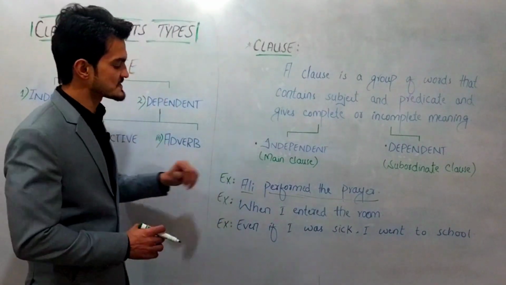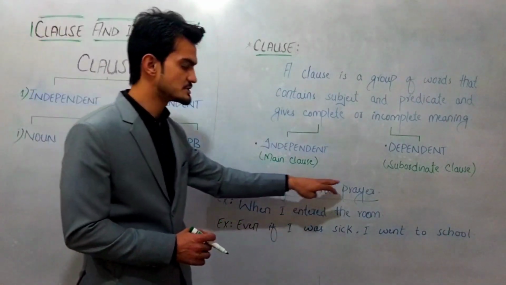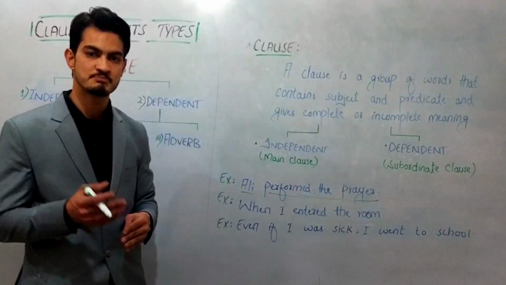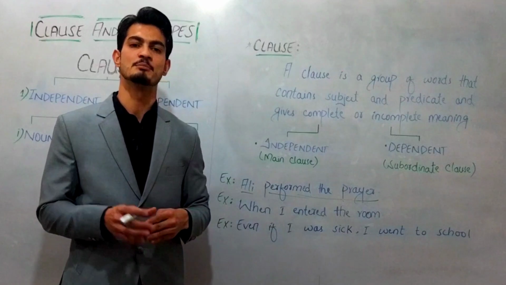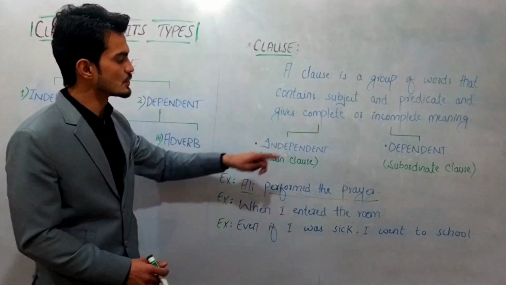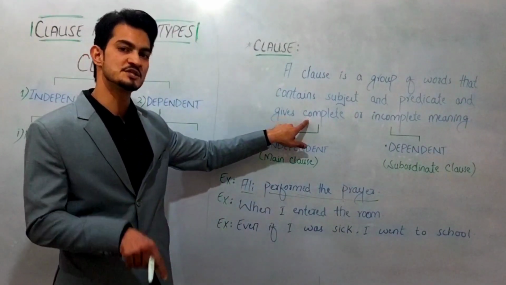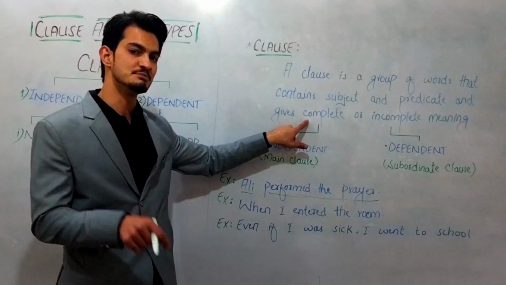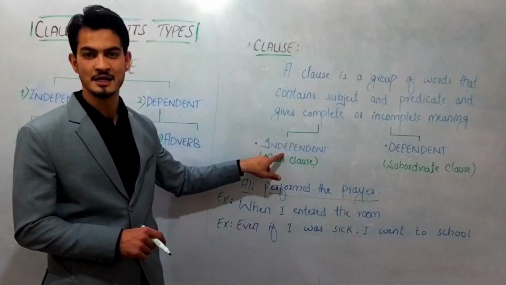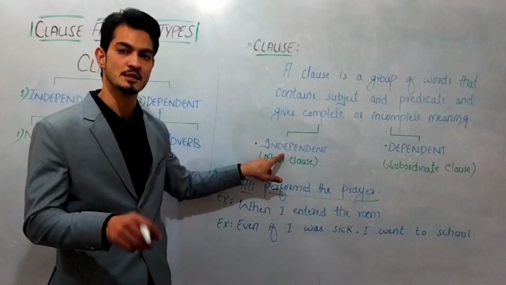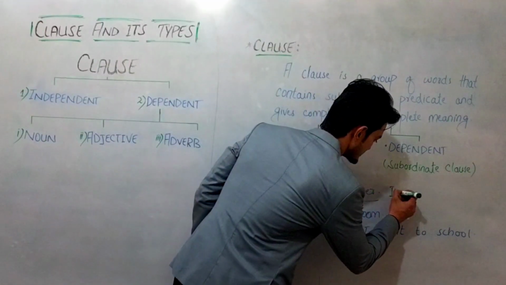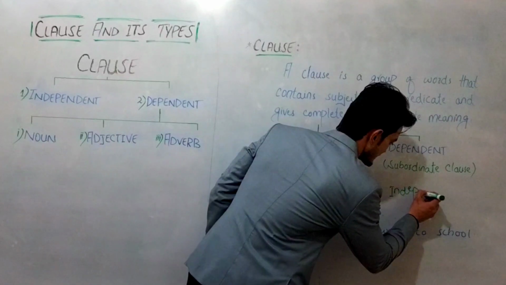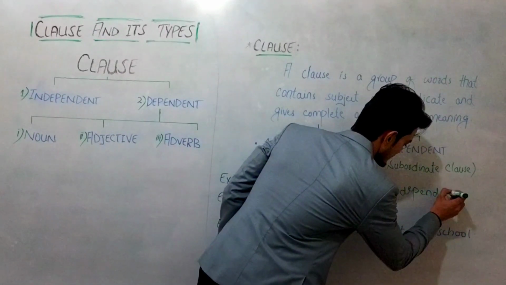So अगर आप इस example को देखेंगे, Ali performed the prayer, यानी अली ने नमाज पढ़ा या नमाज पढ़ा था. It means that it gives us meaning, ये हमें complete meaning देता है. So I told you that a clause that gives us complete meaning, यानी वो clause जो हमें complete meaning दे, that is called independent clause. उसको हम क्या कहते हैं? Independent clause कहते हैं. So it means that this is called independent clause.